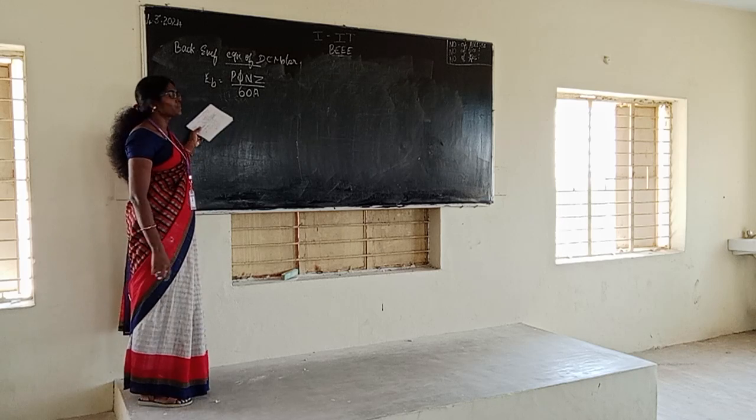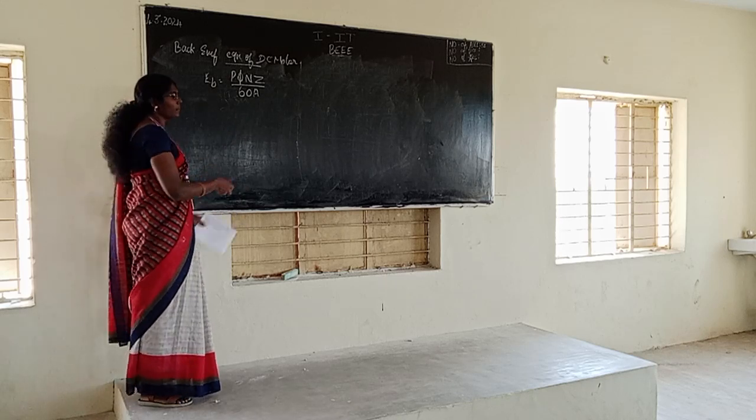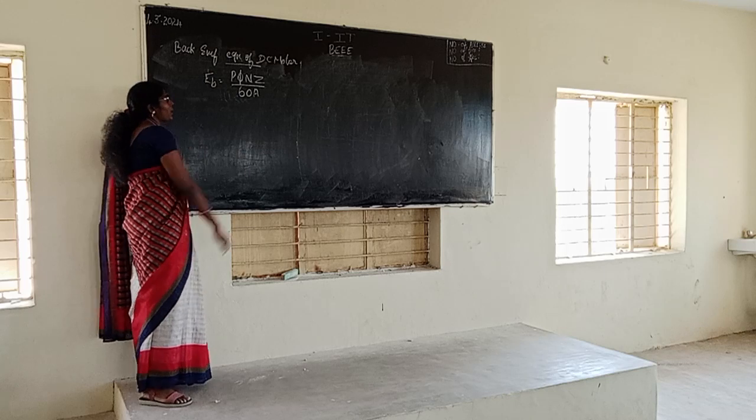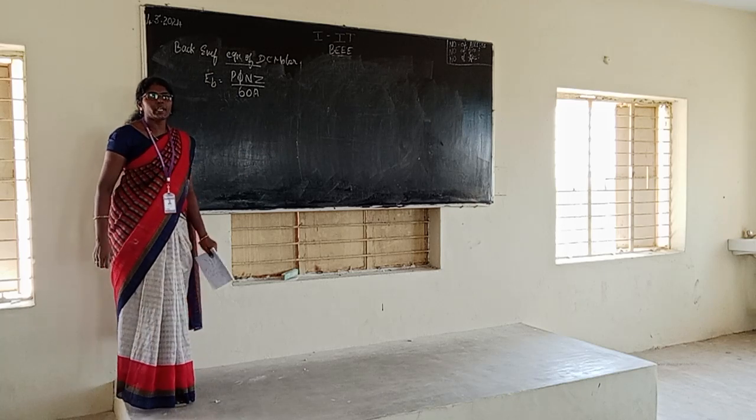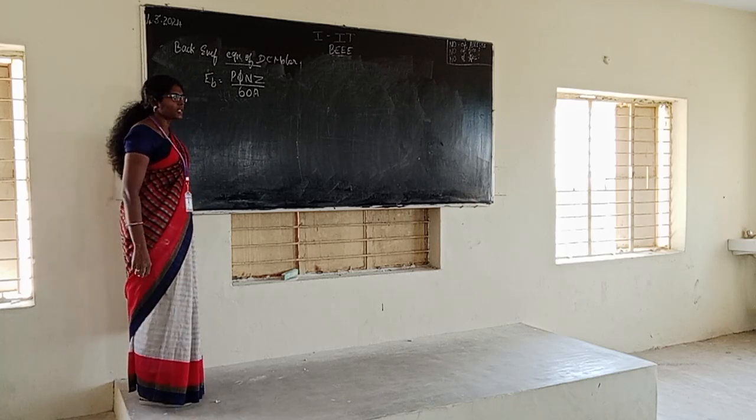The equation for back EMF E suffix B is equal to P phi N Z by 60 A.